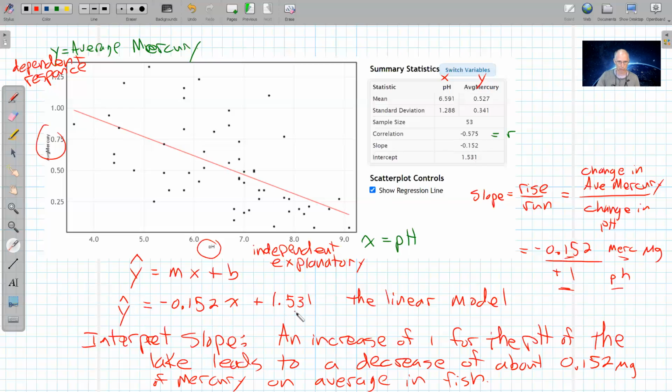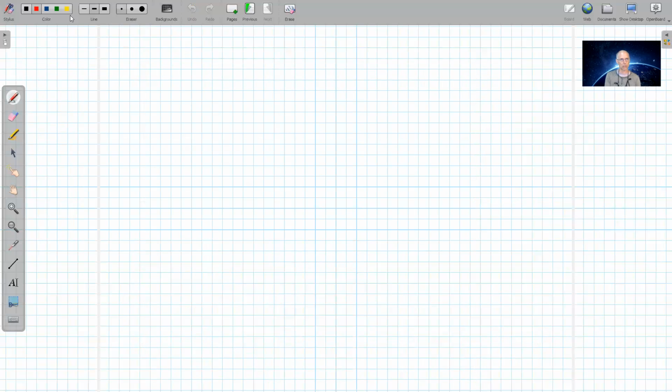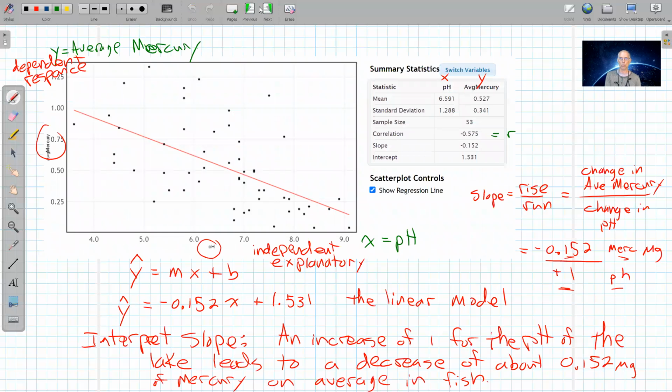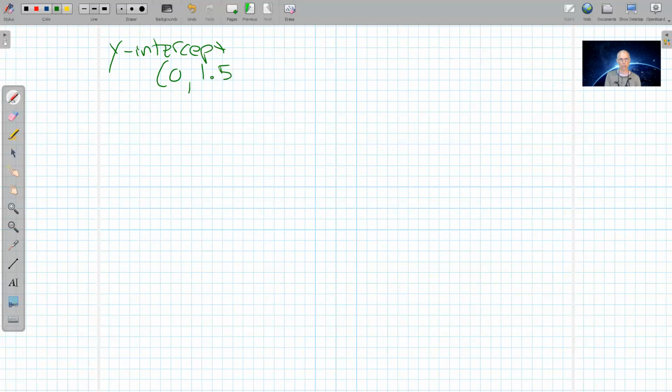If we wanted to interpret that y-intercept, we could. Remember, y-intercept is a point. It's always 0 for x and whatever we're given for the y-intercept, so 1.531. And so this right here would be the pH, and this right here would be the micrograms of mercury. I don't think fish could survive in a lake that has a pH of 0, but I'm not a biologist.